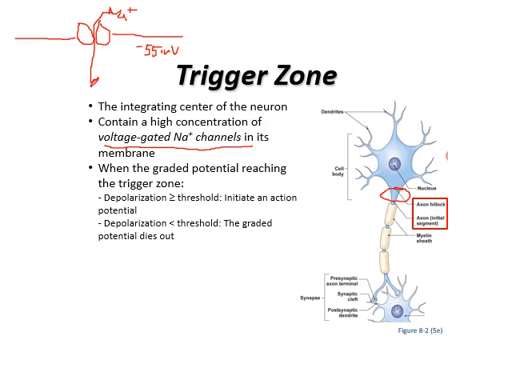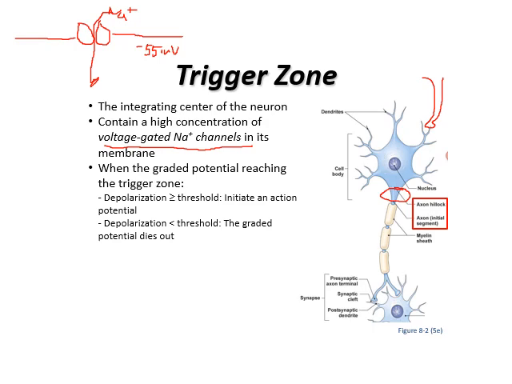This trigger zone is kind of an integration center, because we've looked at graded potentials in one neuron. But you can imagine this neuron could be getting stimulus from almost thousands of neurons synapsing with it.